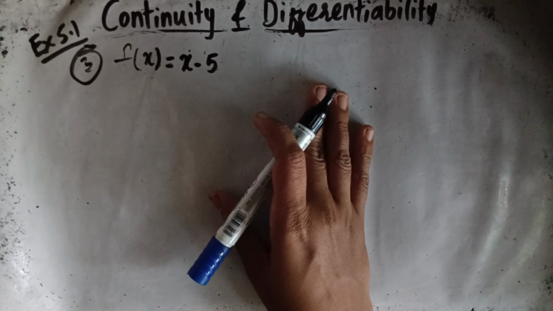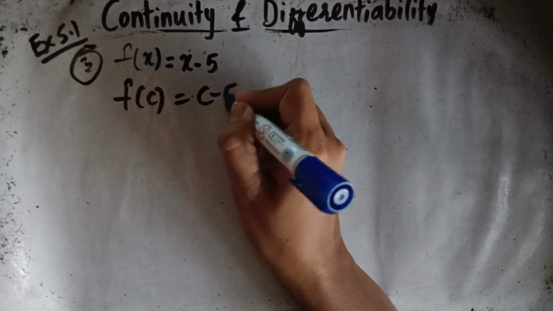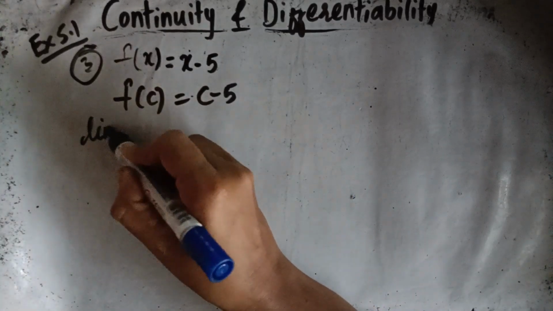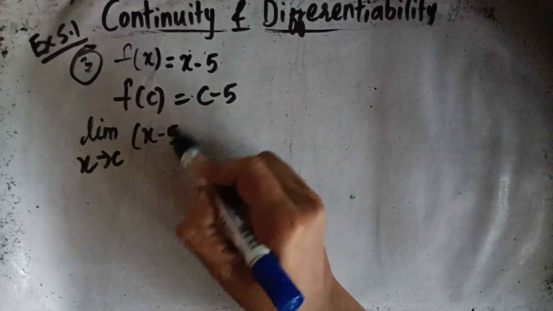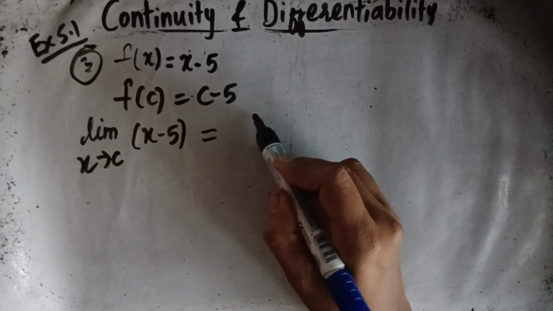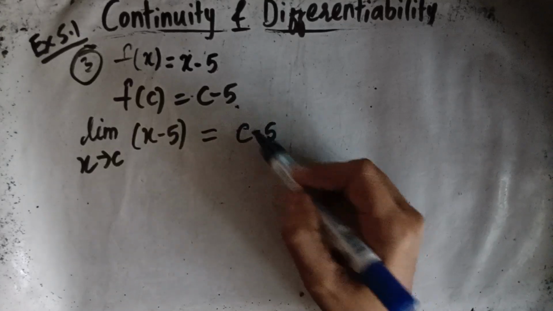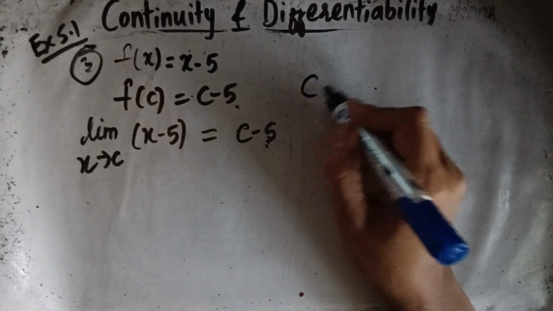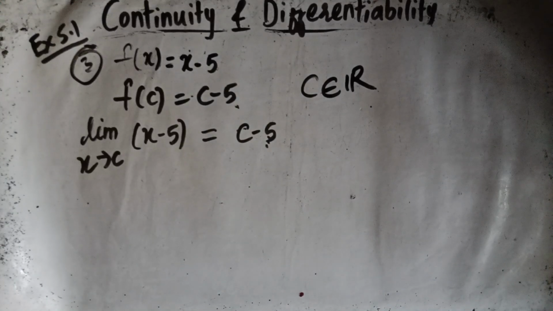So f of c is c minus 5, right? Then if you take limit as x tending to c, x minus 5, we get c minus 5. So both are the same. So it is continuous, if this c is a real number.